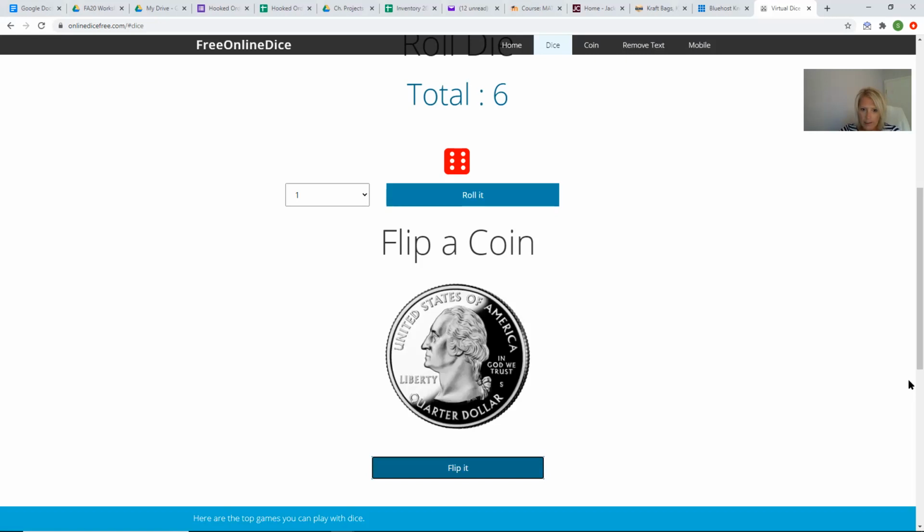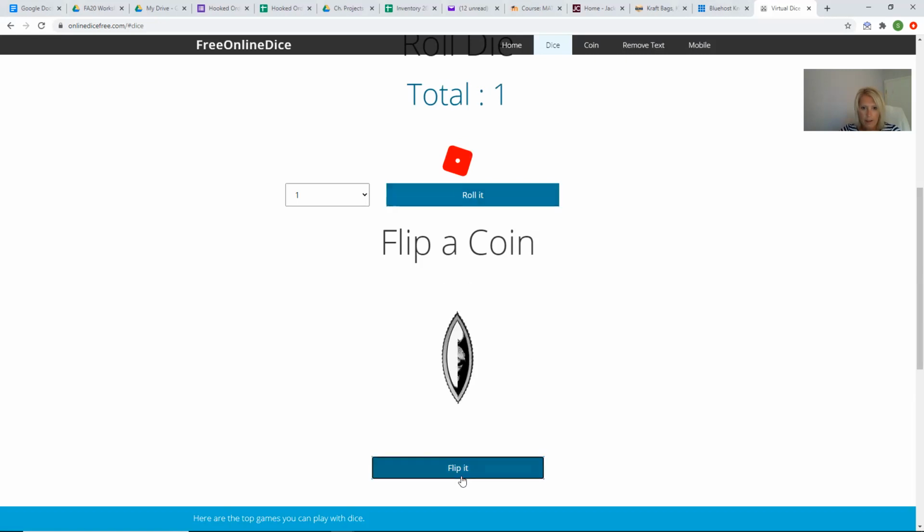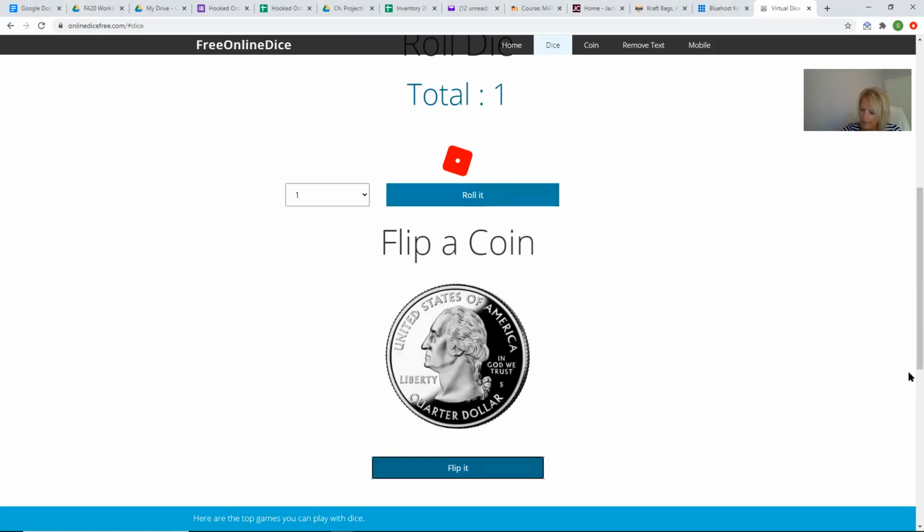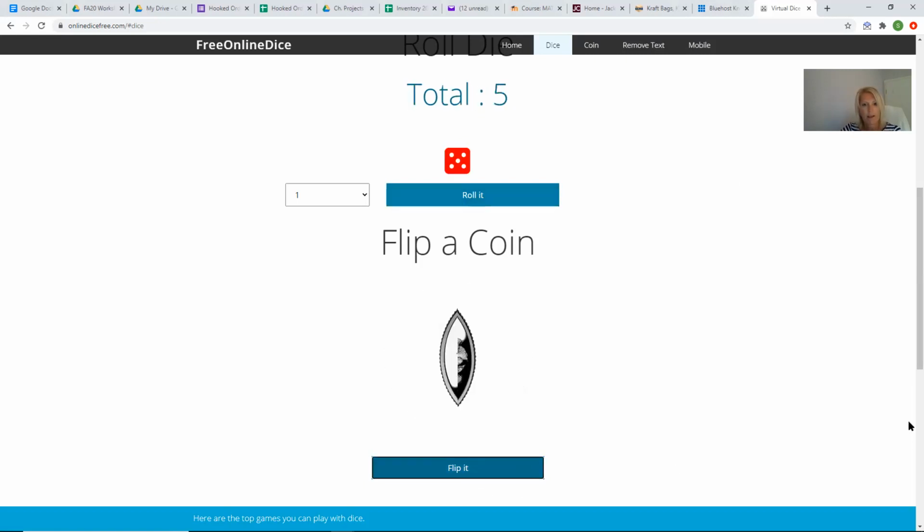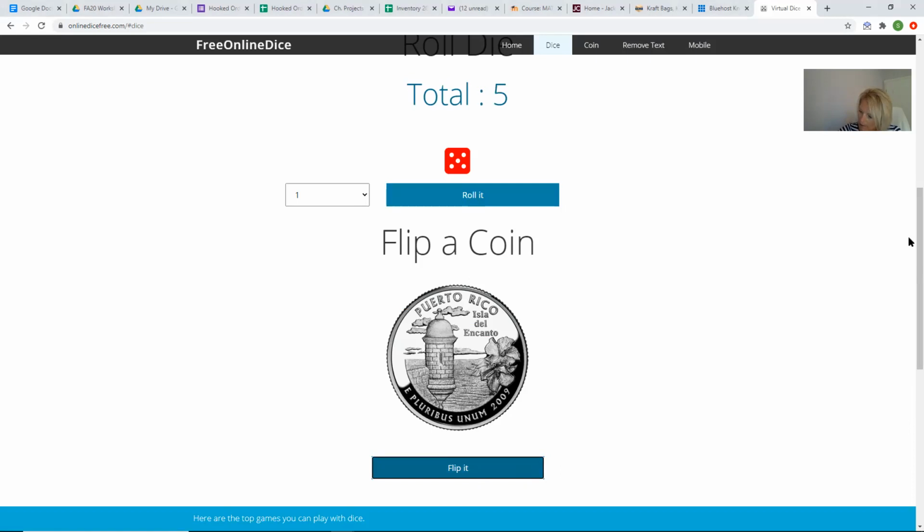So it looks like I got a 6 and a heads. I'm going to just tally on my page all the ones that I got. So I got a heads and a 6. And then, ooh, I got an H and a 1. That's pretty cool. And then I got a 5 and a tails, tails 5. So that's my third.